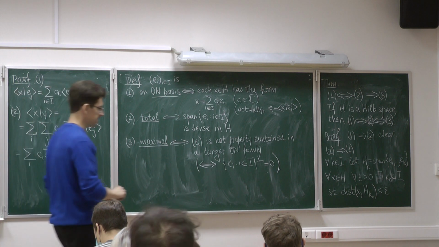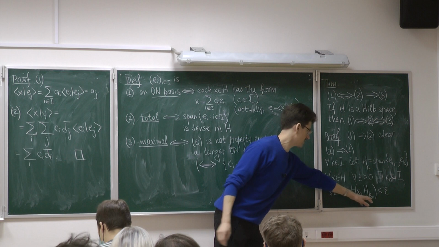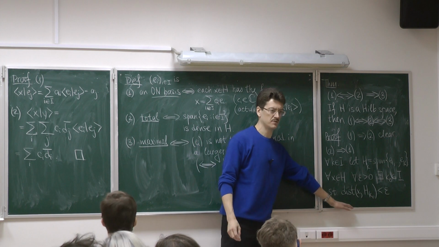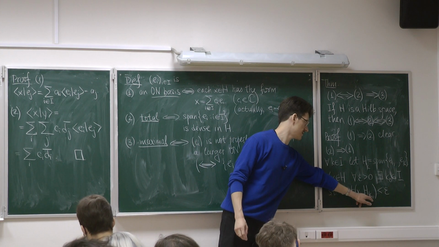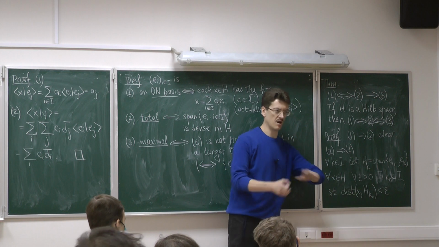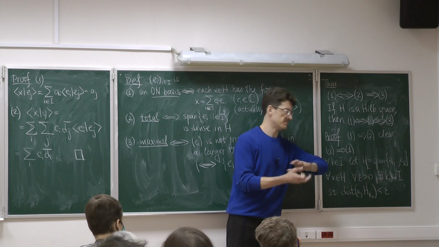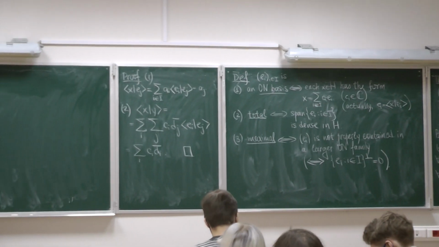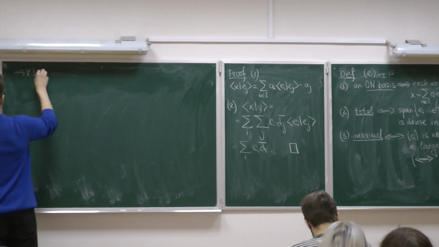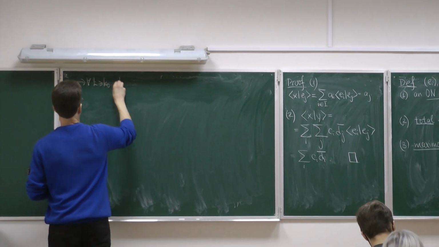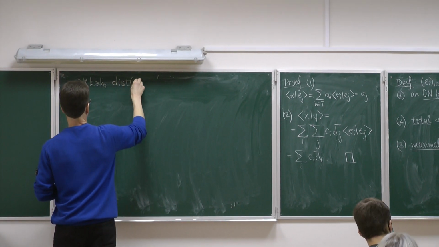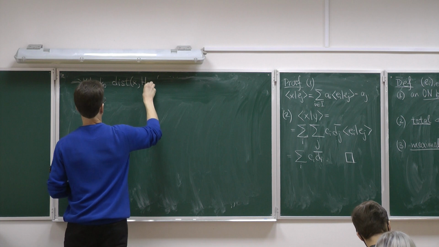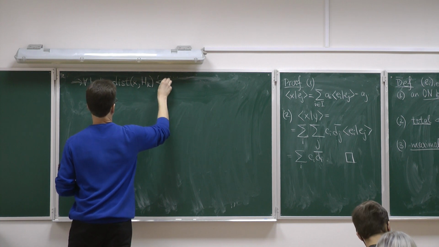This follows from condition 2. Since this holds for some k_0, the same inequality obviously holds if we take k bigger than k_0. Our subspaces form an ascending chain, and this implies that for each k greater than or equal to k_0, the distance between x and H_k is less than epsilon.